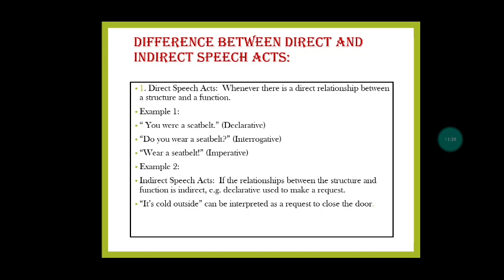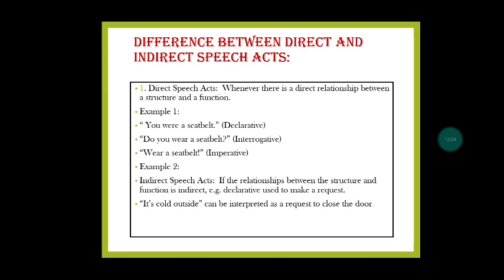Now, the difference between direct and indirect speech acts. Direct speech acts occur whenever there is a direct relationship between a structure and a function. For example, "You wear a seatbelt."